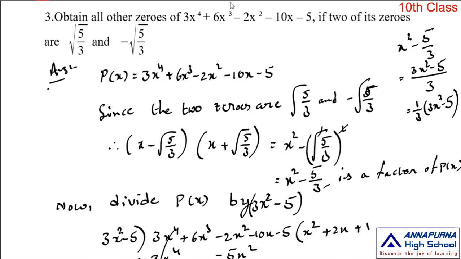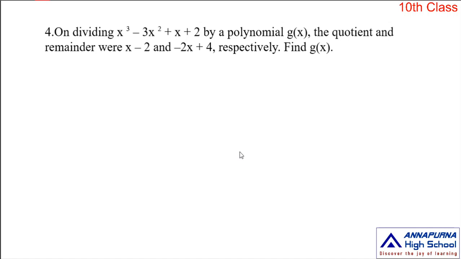Okay, next, see the next one. The fourth question is: on dividing x cube minus 3x square plus x plus 2 by a polynomial g of x, the quotient and remainder were x minus 2 and minus 2x plus 4 respectively. Find g of x.